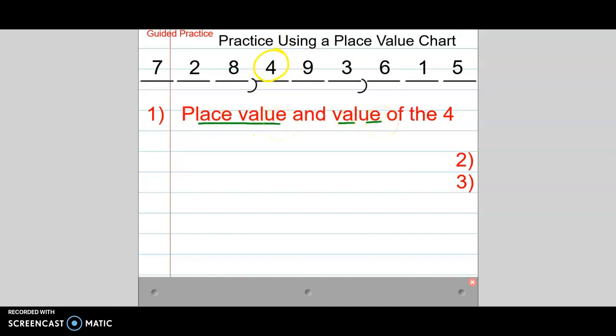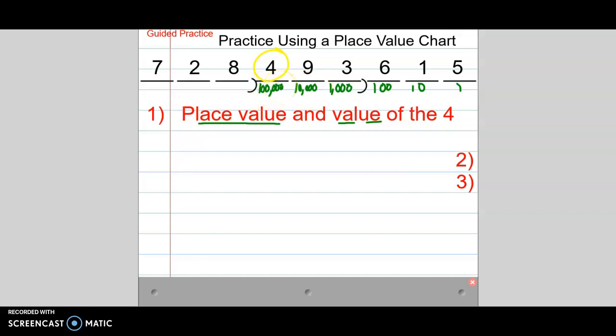So if I'm looking at the place value, I know I have my 1s, 10s, 100s. Oops, made a mistake there. Let's go back. 1s, 10s, 100s. I'm jumping ahead of myself. Thousands, 10,000s, and 100,000s.